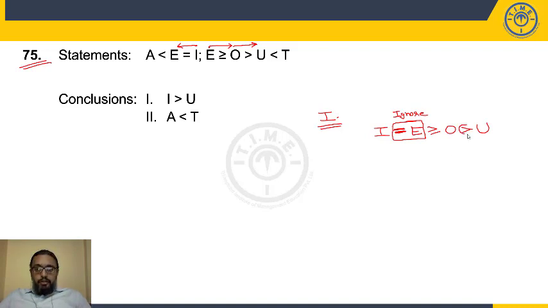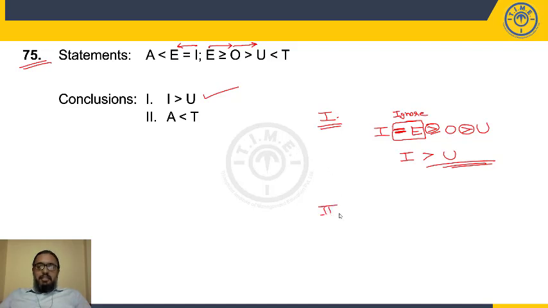Between O and U, you have only greater than. So between I and U, I am going to get only greater than. So I greater than U. Now is the result matching the conclusion? Yes. So I will say 1 follows the statement.